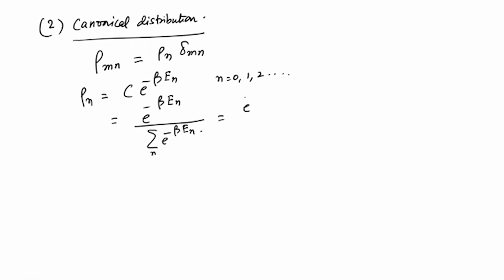So, this is nothing but equal to exponential minus beta E_n by Z. So, if you are asked a question to calculate the density matrix in the canonical ensemble, it is simply this exponential minus beta E_n by Z, which we have seen is nothing but the probability that our state occupies an energy state E_n at random among all the available energy states, and it is only allowed to exchange energy with the surroundings or with other members of the ensemble and come to an equilibrium temperature T, where beta equals 1 over kT.